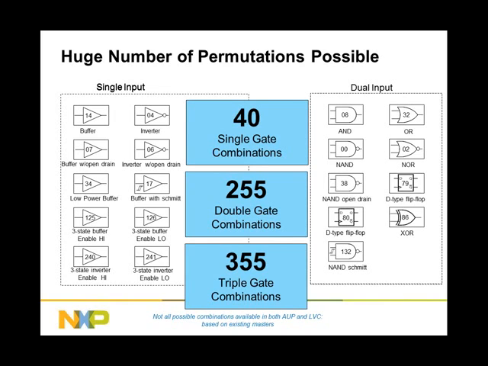Now you may say that, well, you need one of these oddball ones and we don't offer it in our catalog. And that is correct. However, we can turn these devices around very rapidly because all of these devices come off a master. It just depends on the last metal, how we interconnect the metal on the last master to perform one of these 355 functions.